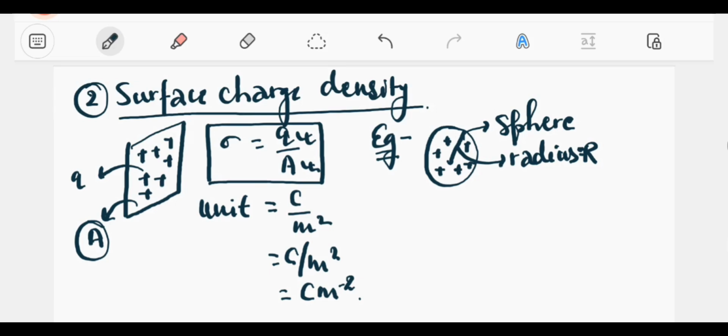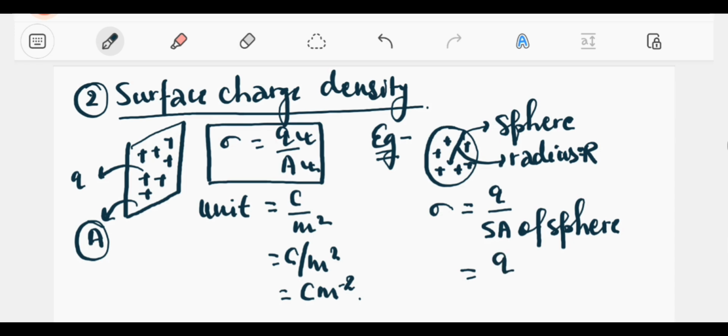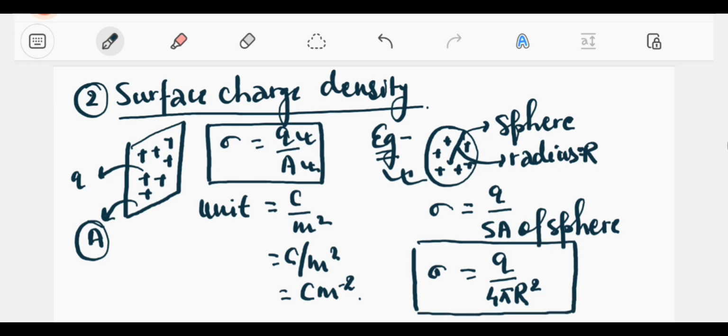In this case, the surface charge density will be equal to Q upon the surface area of the sphere. Now what is the surface area of the sphere? It is equal to 4 pi R square. So the surface charge density in this case will be equal to Q upon 4 pi R square. So this is it. Now let's move to the third topic of the video.